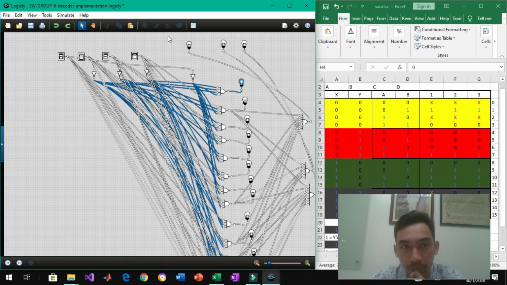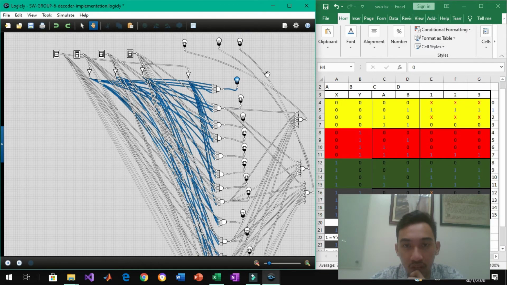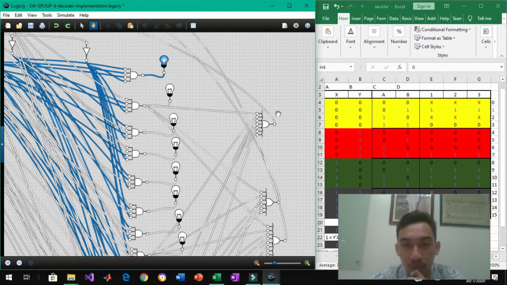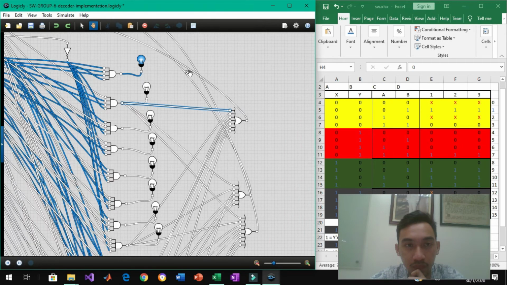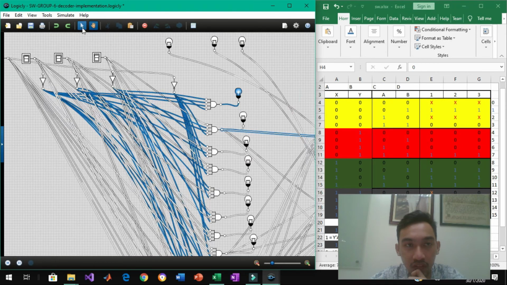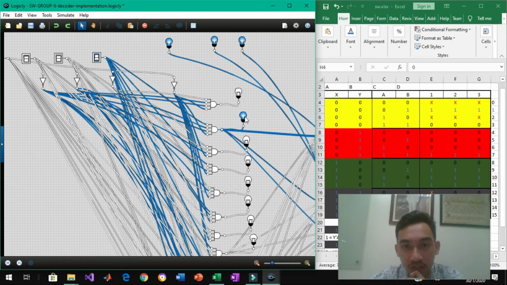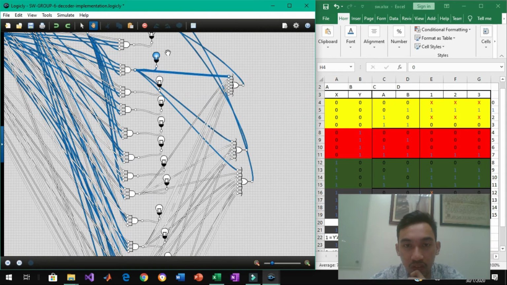So this is the output 1, and as you can see, this is 1. It's connected to 1 here. 1 is also connected to output 2 and output 3.